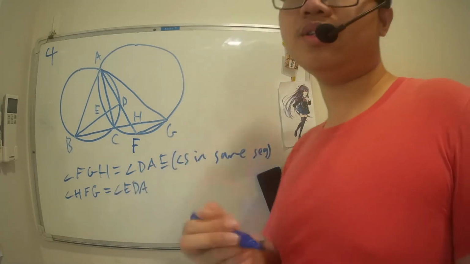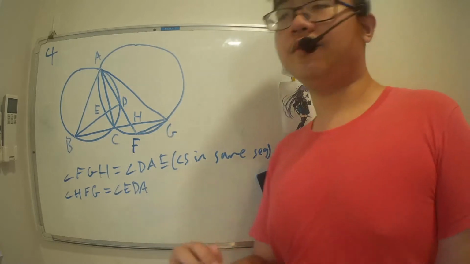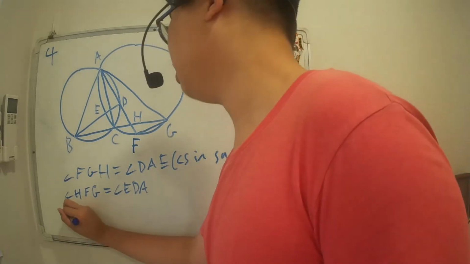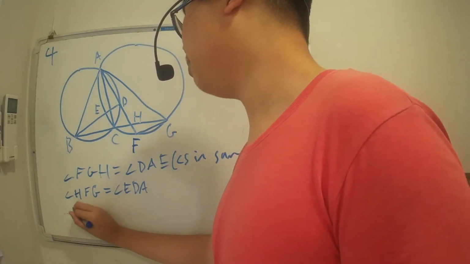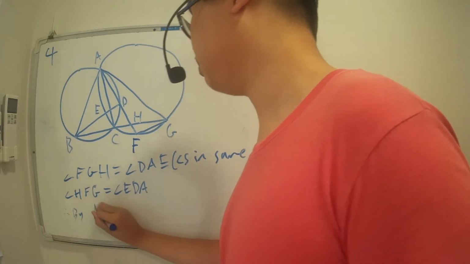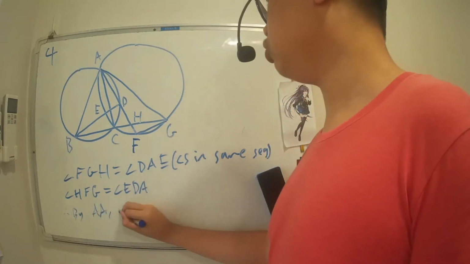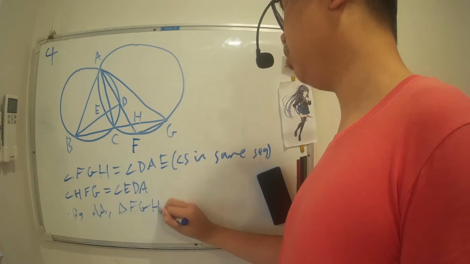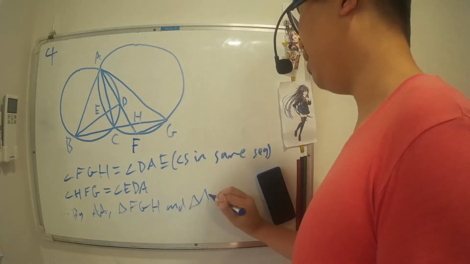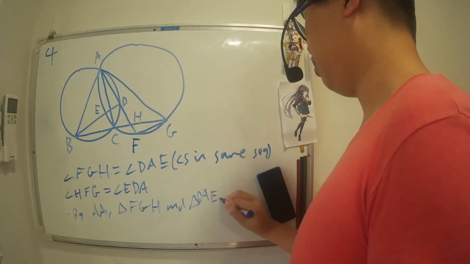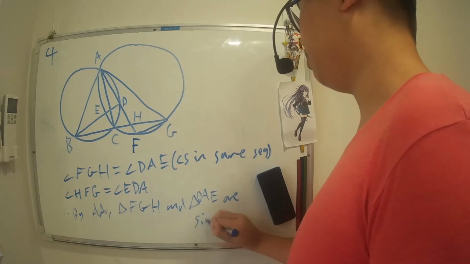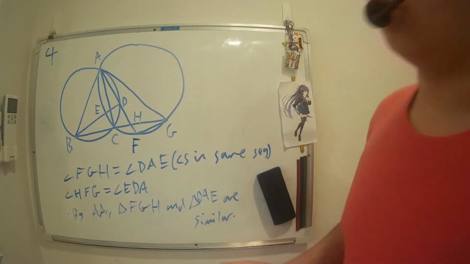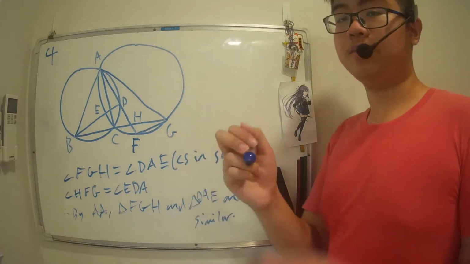And we have proven this earlier, so I'm not going to write any reason for it. Therefore, by AA, triangle FGH and triangle DAE are similar. Okay? So this one is a lot simpler once we've done the first part.